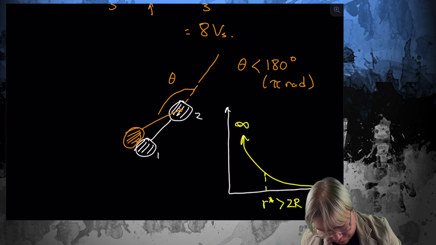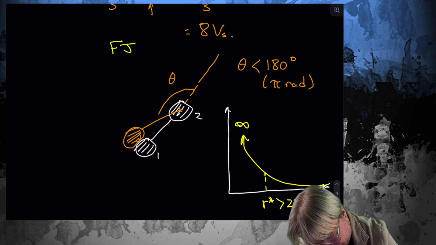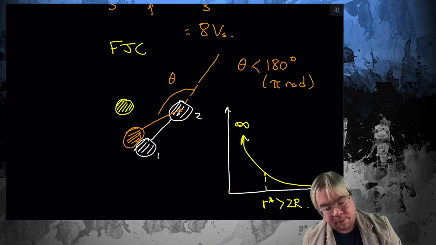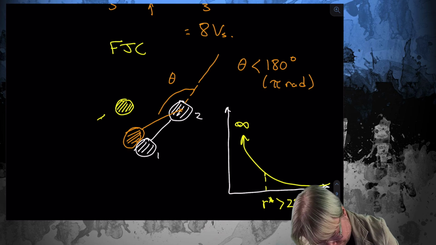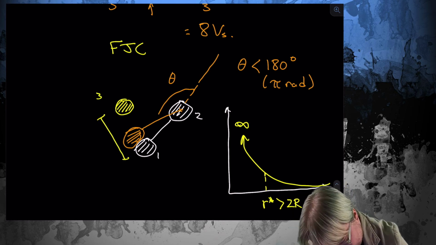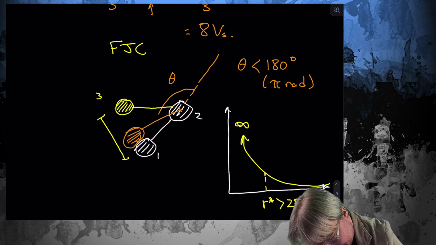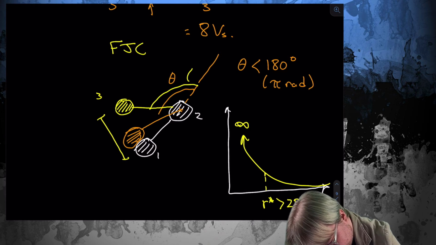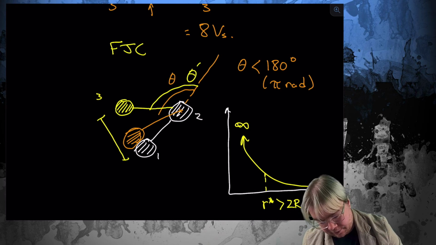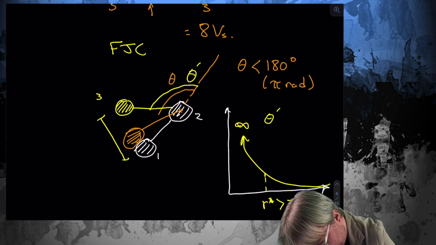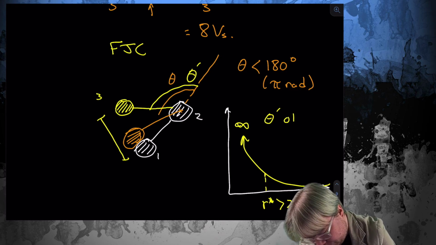So in that case, in terms of this freely jointed polymer chain here, that means that this monomer might only be able to be that far apart from monomer 1. This is monomer 3. And if that's the case, then that's my bond, and it's going to put another limit on theta. So theta prime might have some other restrictions.